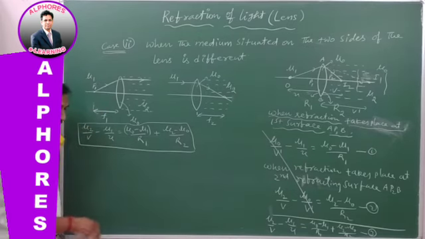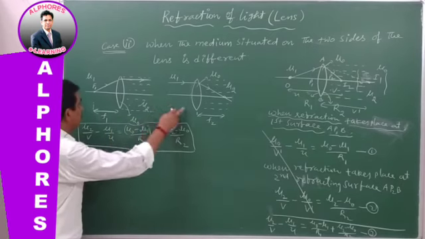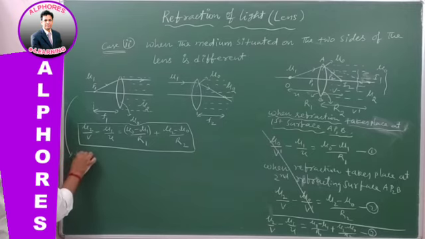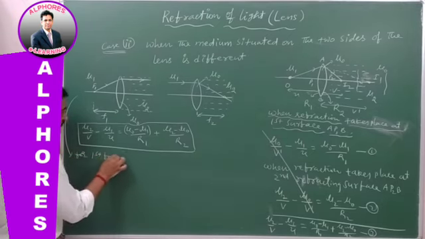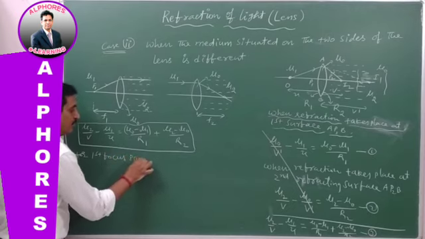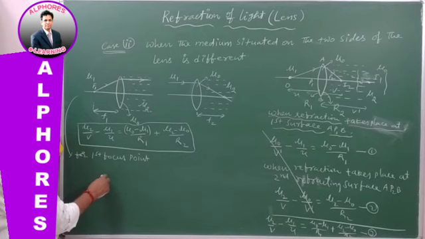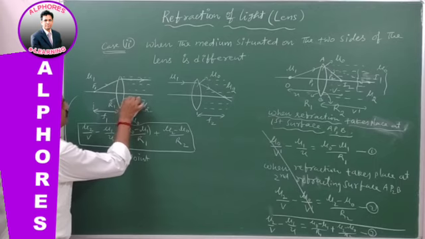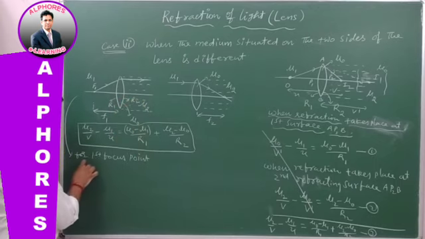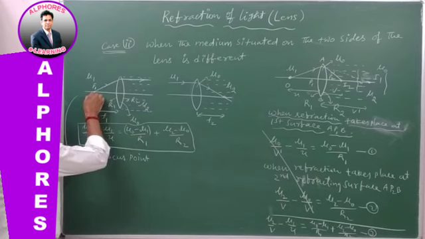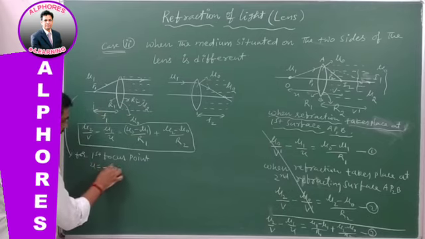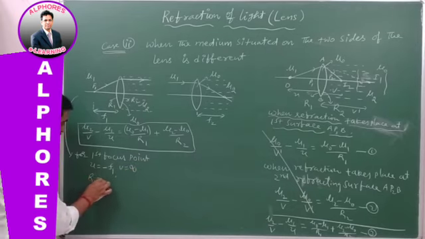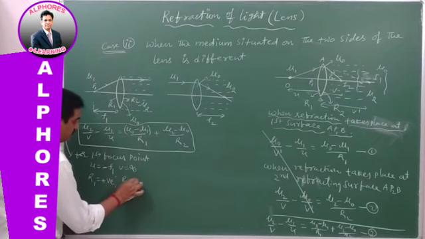Now using the sign conventions for the first focus point. For the first focus point, U is equal to minus F1, V is equal to infinity, R1 is positive, R2 is negative.